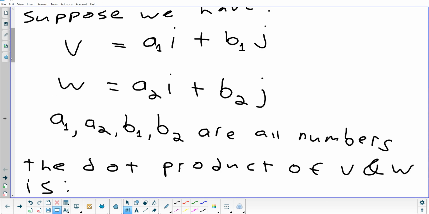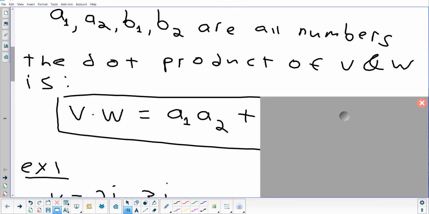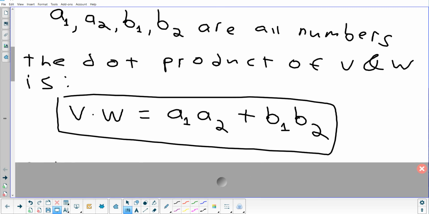We're going to take the vertical components, and we're going to multiply those together. So B1 is the vertical component for V. B2 is the vertical component for W. Multiply B1 and B2 together. And that's the formula for finding a dot product. So it's really three things. A multiplication, another multiplication, and then an addition.